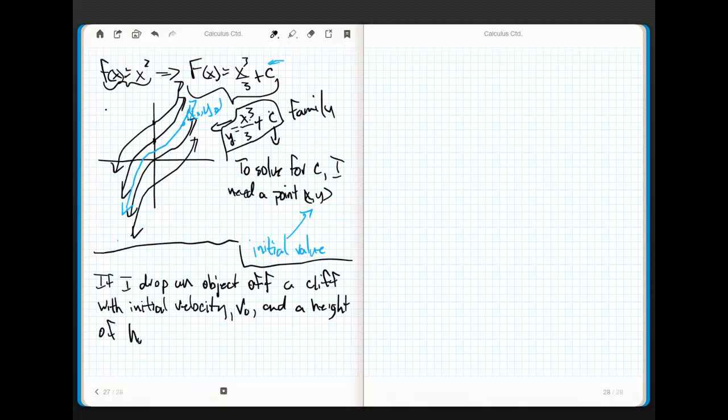So this is what Newton did. Come up with the formulas, I guess it'd be formulae, wouldn't it, for velocity and position.